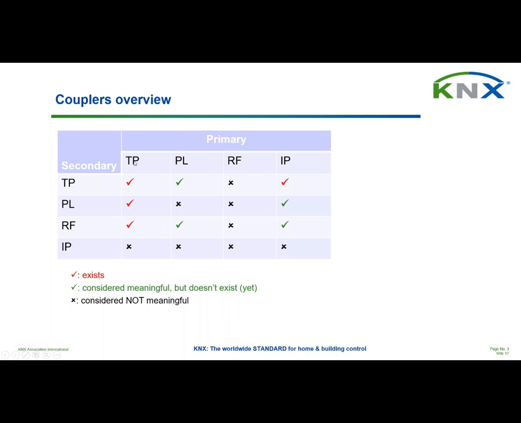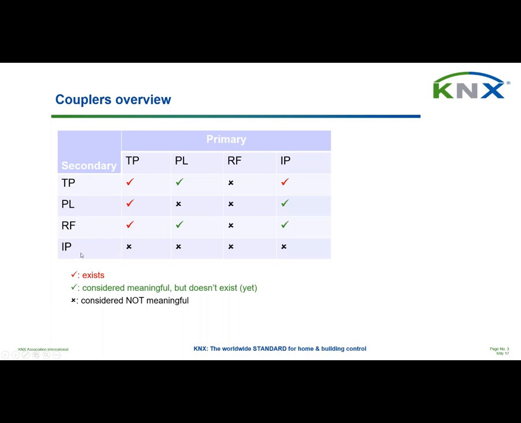That can be a connection for twisted pair, power line, radio frequency, or KNX IP. I only put IP, but I mean of course KNX IP. Secondary is the same thing: twisted pair, power line, radio frequency, and IP.